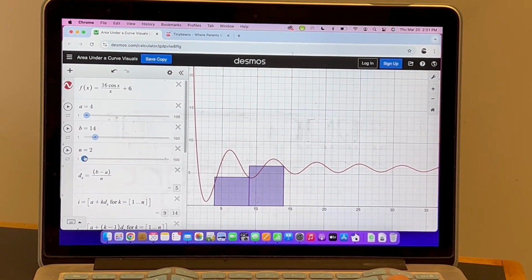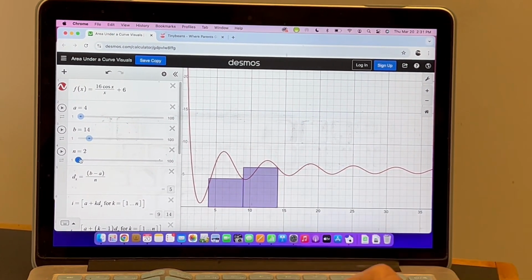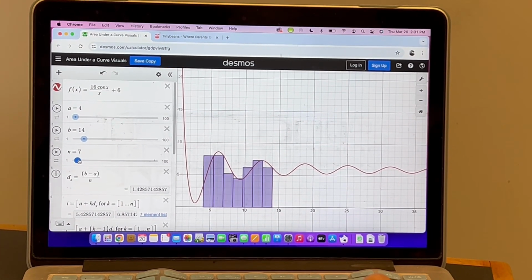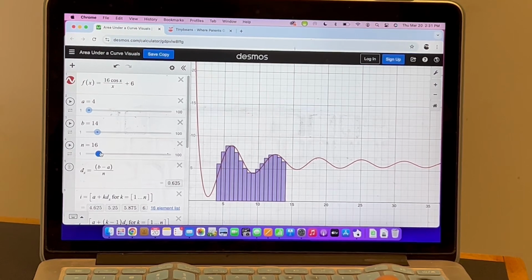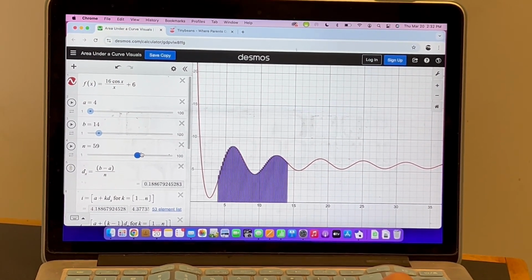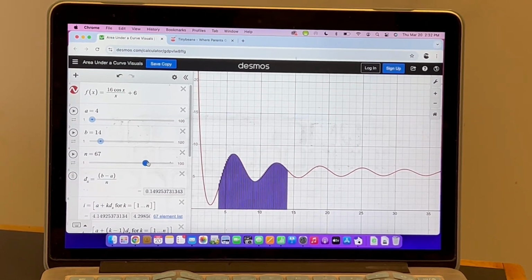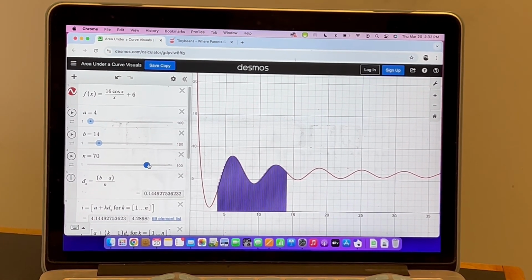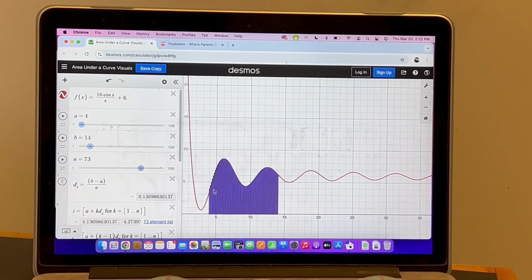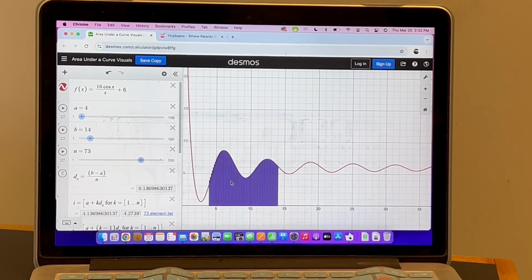What we showed is that with 2 rectangles, we get a pretty bad approximation. With, I don't know, 7 rectangles, we get a better approximation, but it's not perfect. But that starts to look pretty darn good. And as we get more and more rectangles, we get a better and better approximation. If we take 69 or 73 rectangles, we're going to get a pretty darn good approximation of the area underneath this curve.